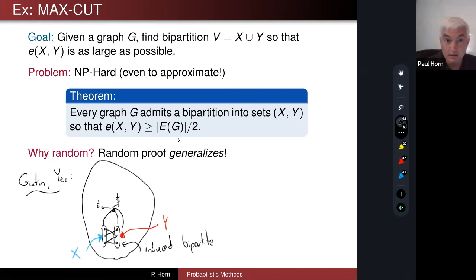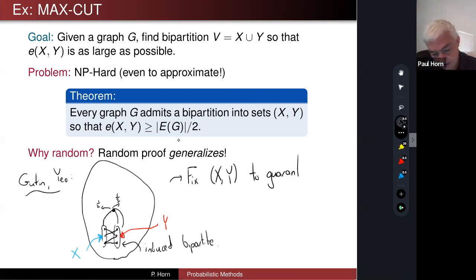So that means that actually the expectation has improved. So I fix X and Y to guarantee that the induced bipartite graph crosses the cut.